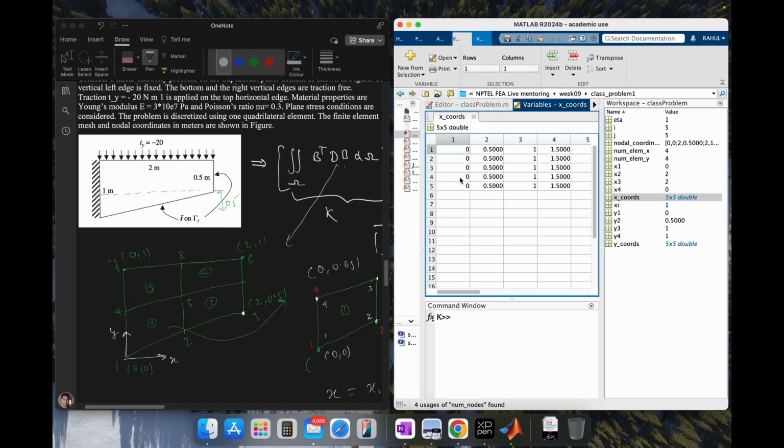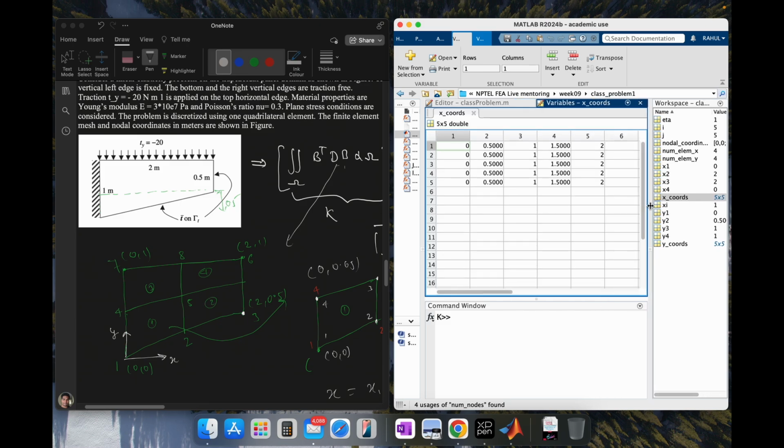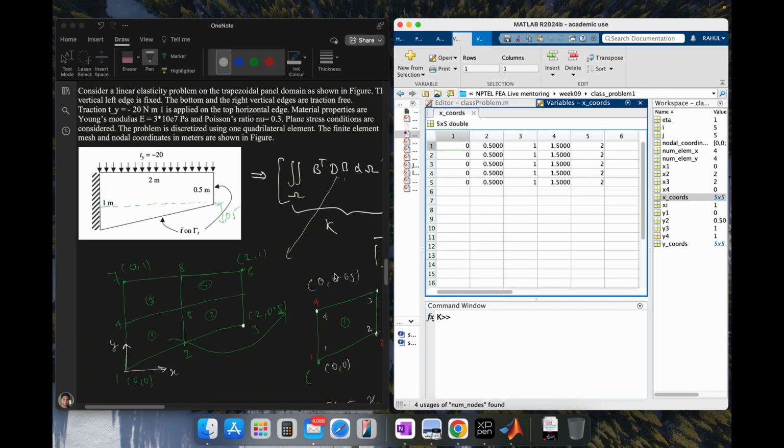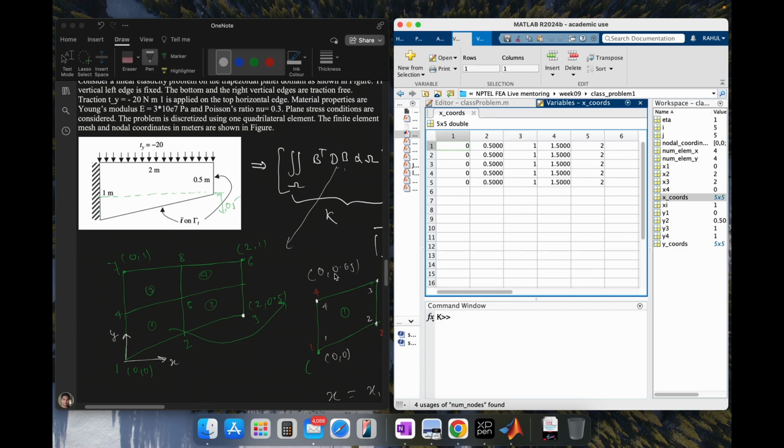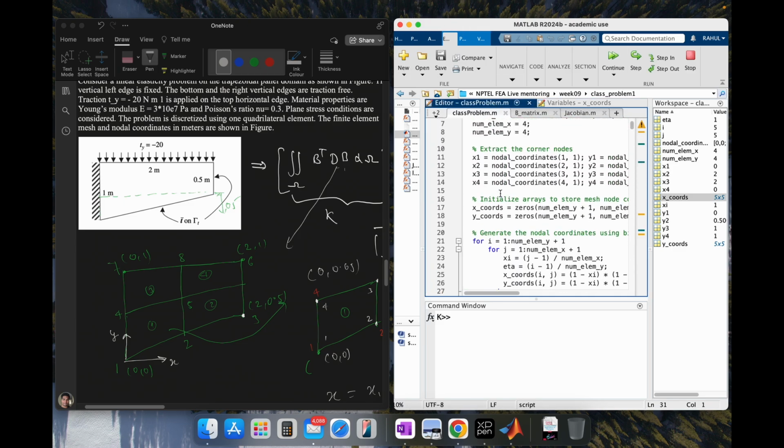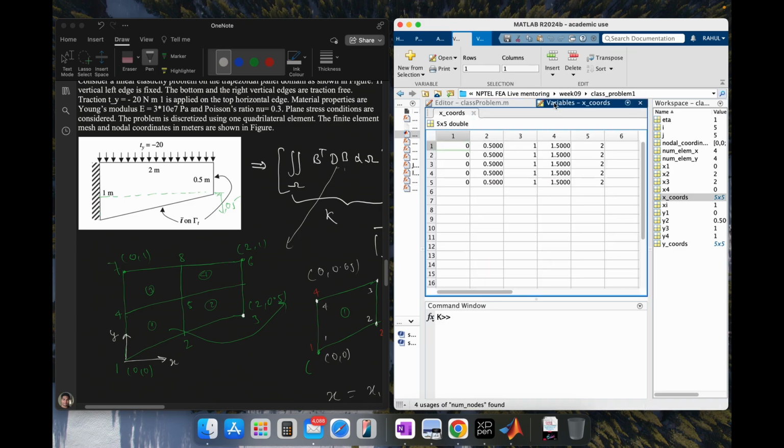This is for element number 1. Yeah, so here it is the coordinate.